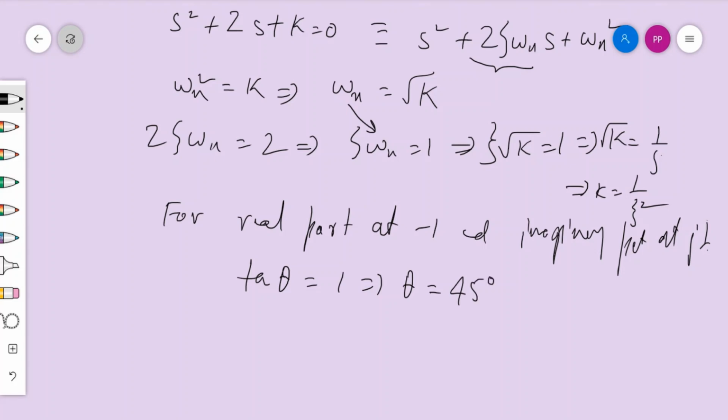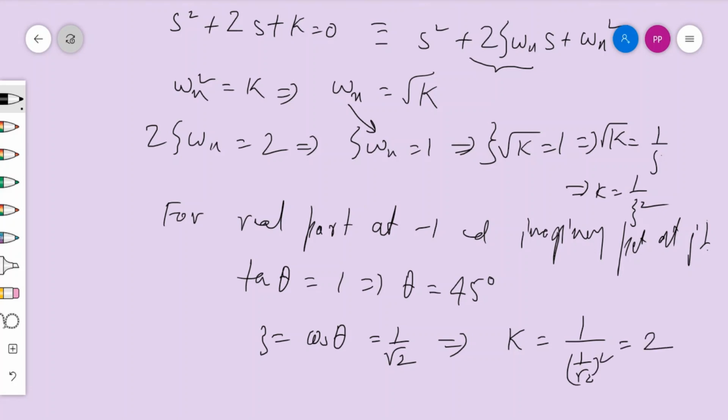So it means we have the value of xi equal to cos theta. This is equal to cos 45, which means 1 by root 2. So xi equals 1 by root 2. From here we can get the value of k equals 1 divided by (1 by root 2) whole square, equals 2.